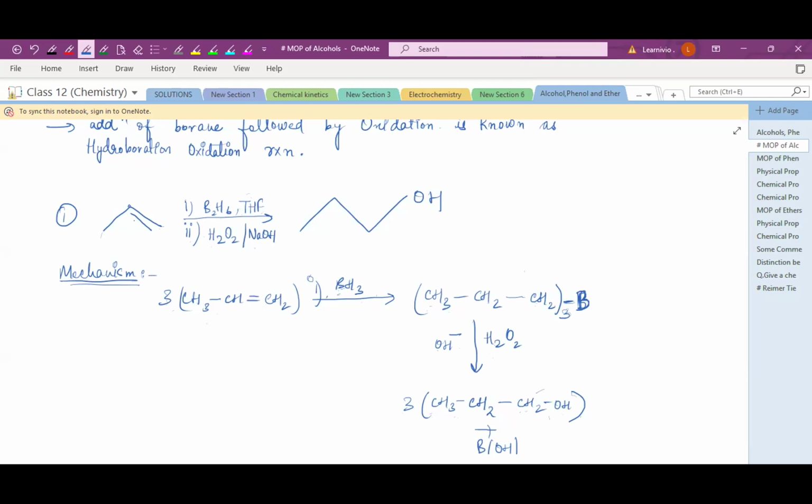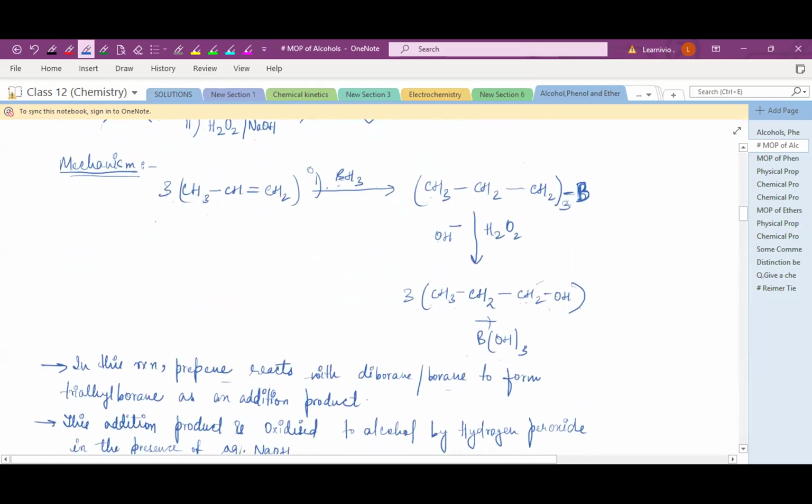Now let's understand the mechanism of this reaction. How do you get the alcohol, and how is the alkene over here converted to the corresponding alcohol? Let's understand the mechanism. Suppose you take 3 moles of CH3CH2 alkene.